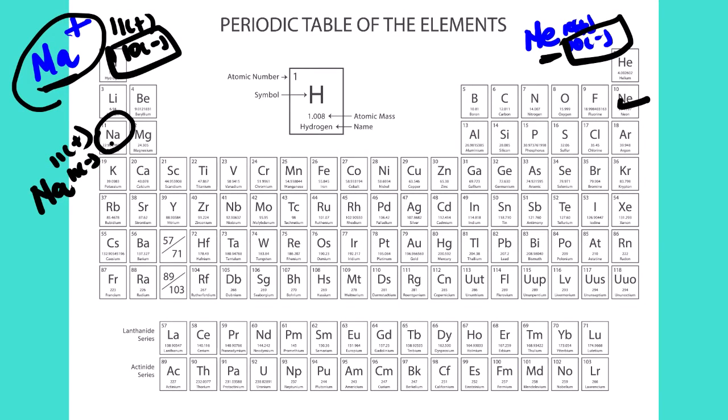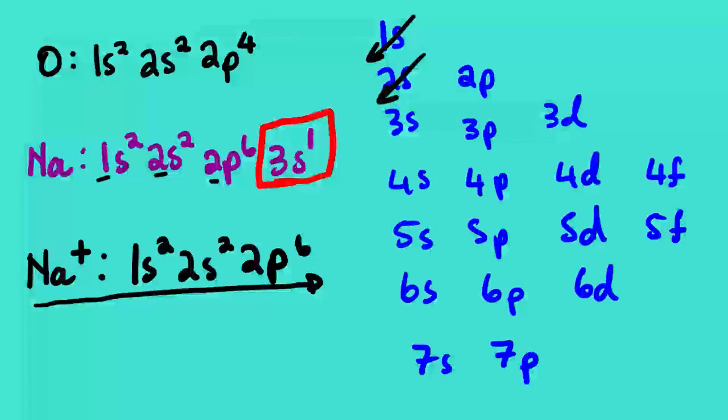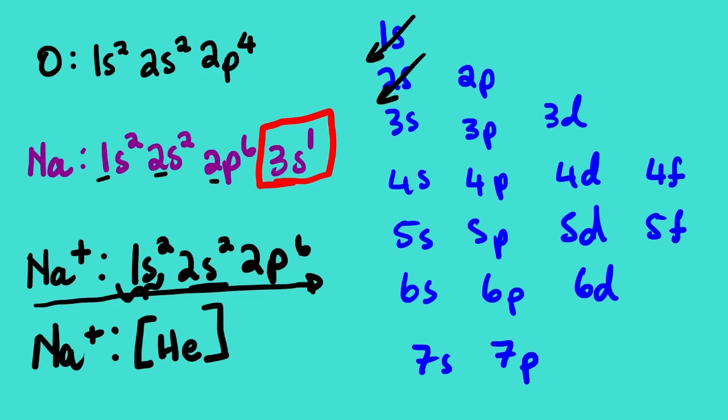Then it means the previous noble gas will be helium. Helium is simply 1s2. That is the electron configuration of helium. So you can see that part, it's actually here. So where we see that part, we can simply put our helium. Then the remaining, we put it back.